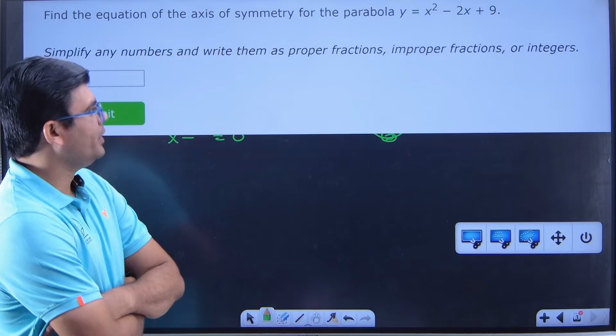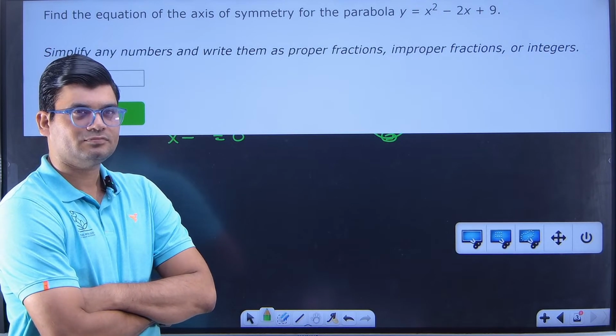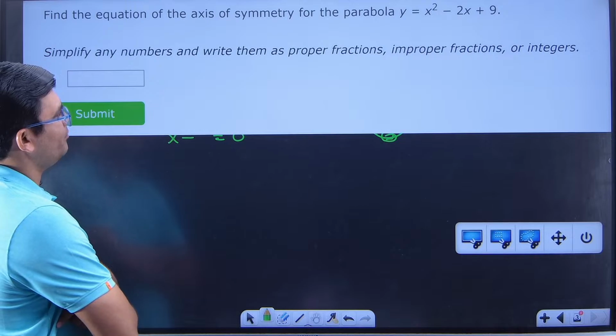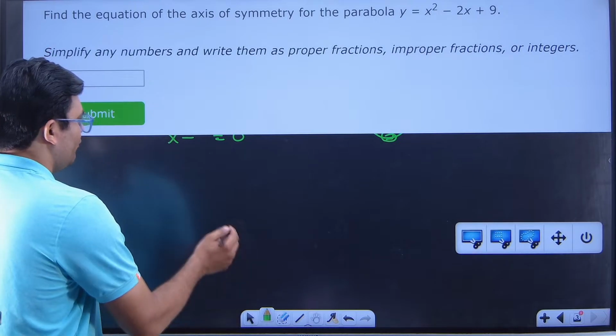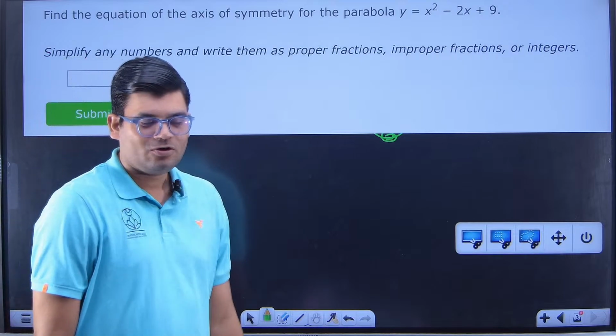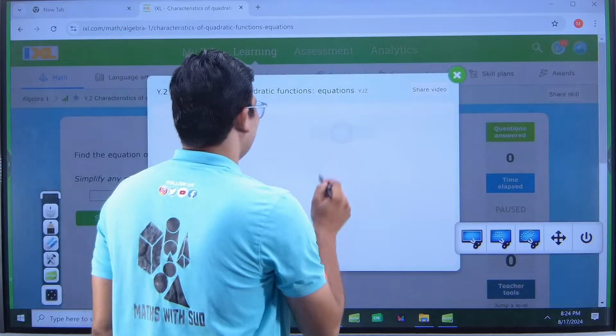So where will be the vertex? The vertex is the midpoint of the parabola, the curve. Okay, so how do we find the midpoint of the parabola? What was the rule? You remember that rule or not? No, sir. No? Then let us watch the video then.